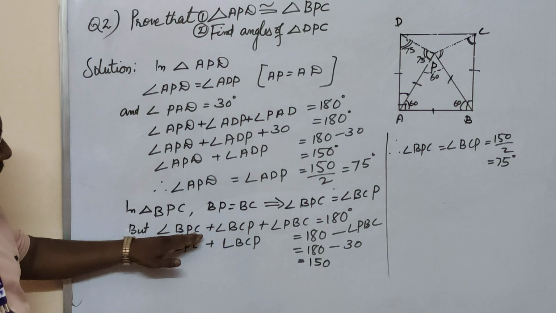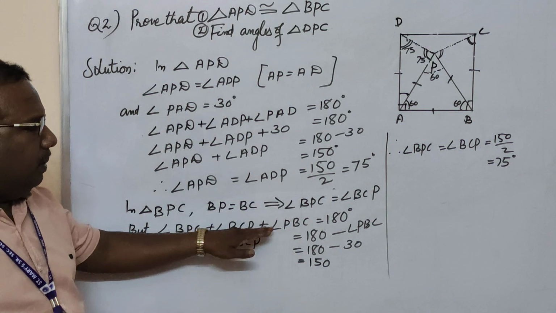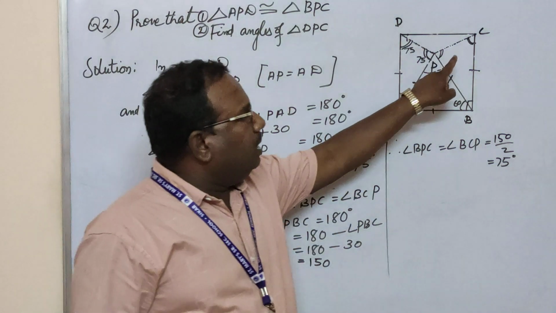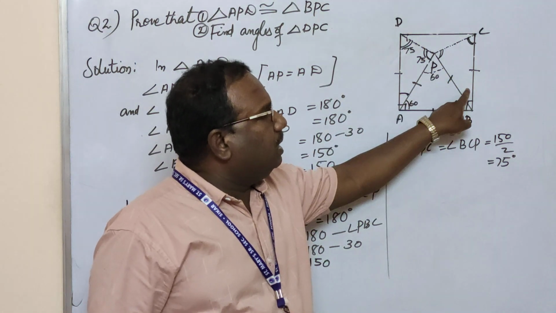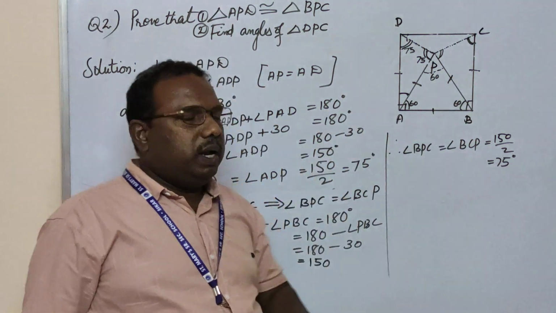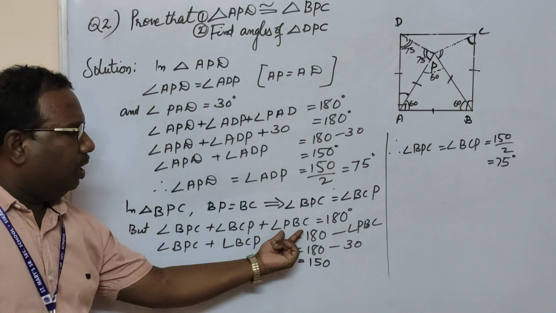But angle BPC plus angle BCP plus angle PBC, its sum is equal to 180, and substitute the value of PBC.